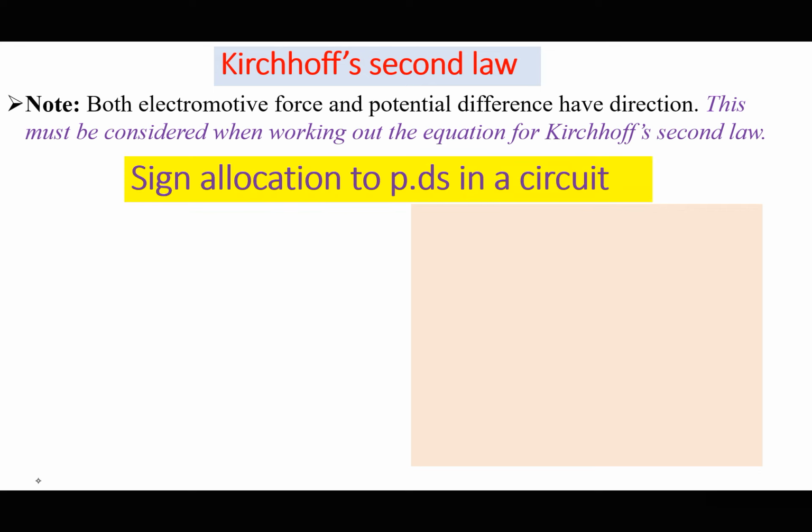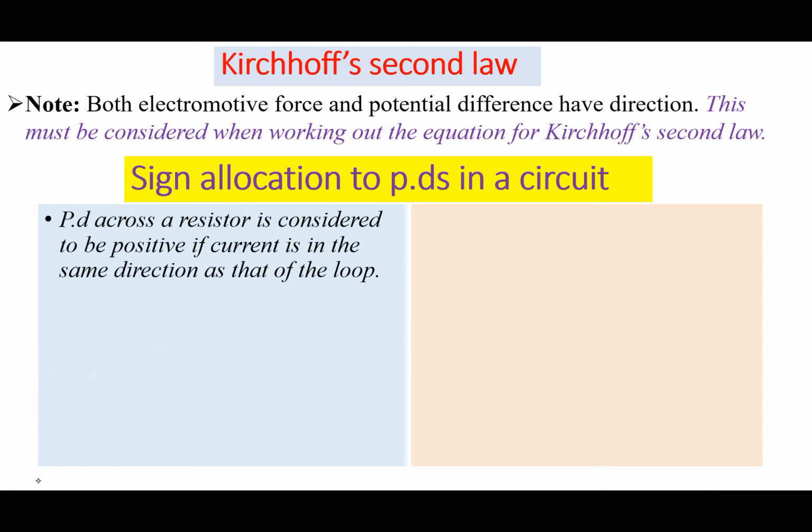So let's discuss the sign allocations to the PDs in a circuit. And this is what makes our life very hard, especially for students when dealing with Kirchhoff's second law. So PD, potential difference across a resistor, is going to be considered positive if the current is in the same direction as that of the loop.